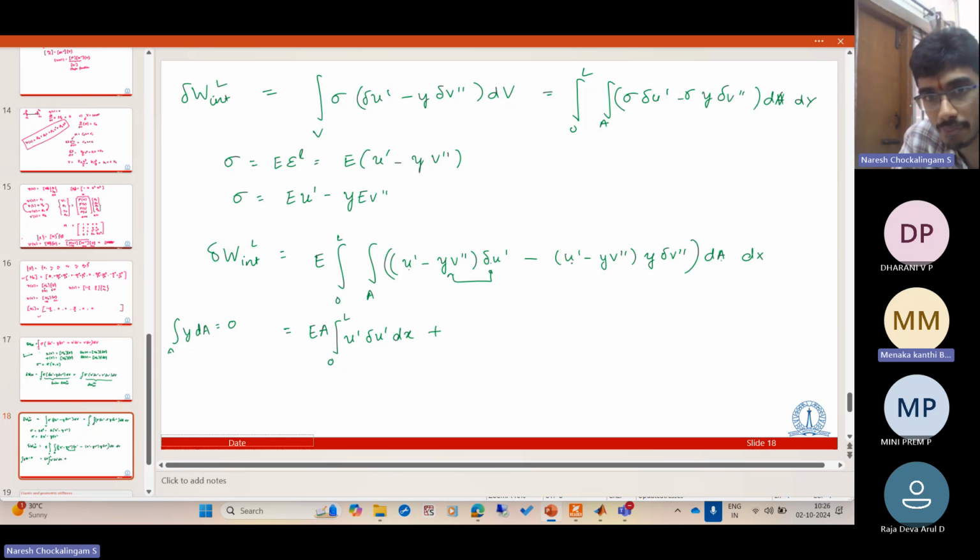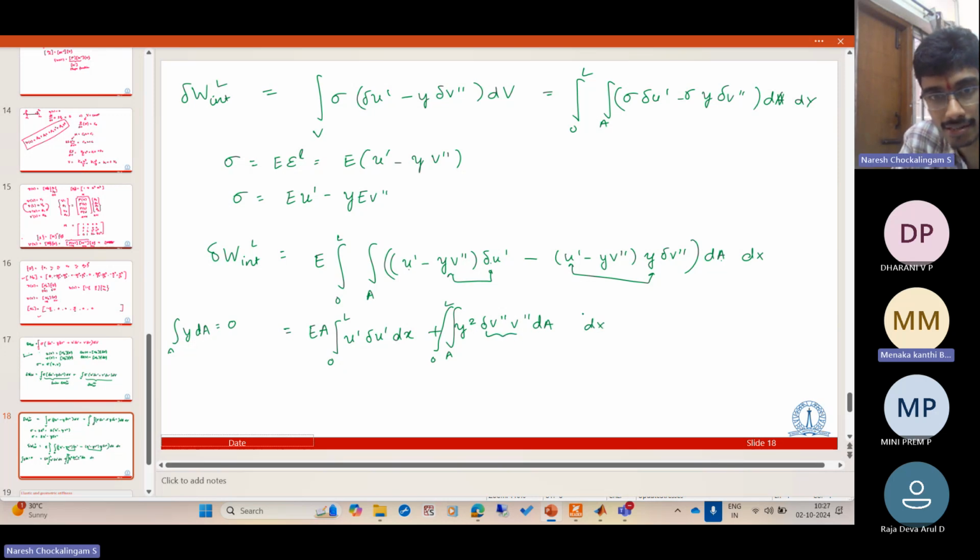From the second, what will happen? Similarly, the first product will not contribute, it is an odd power of y. The second product will contribute. You will get plus integral over the area y square del v double prime dA, integrated over length 0 to L dx. Again, del v double prime does not depend on the area.